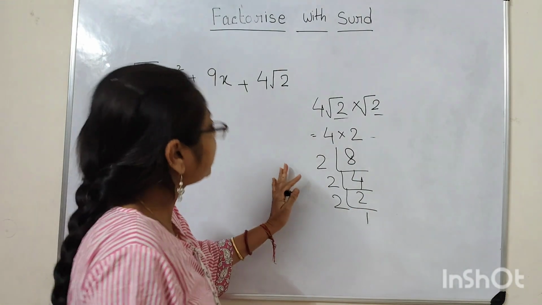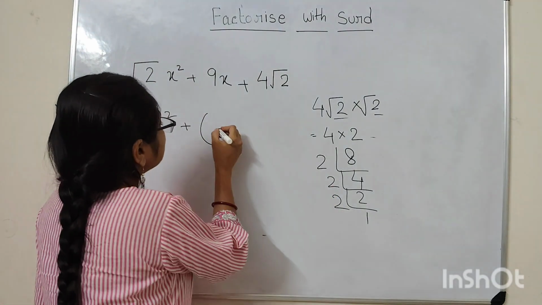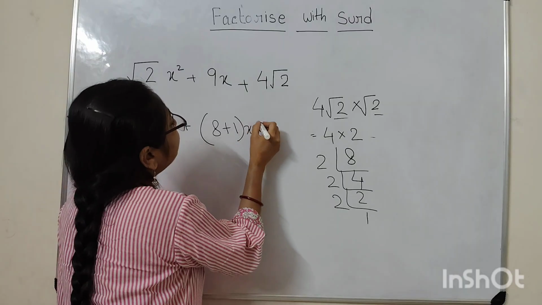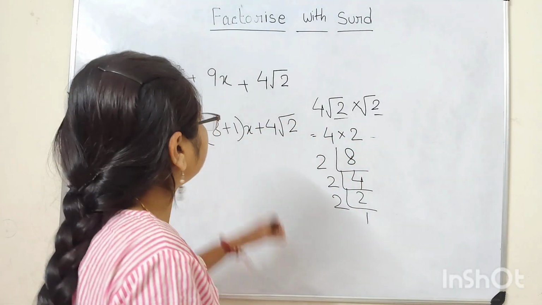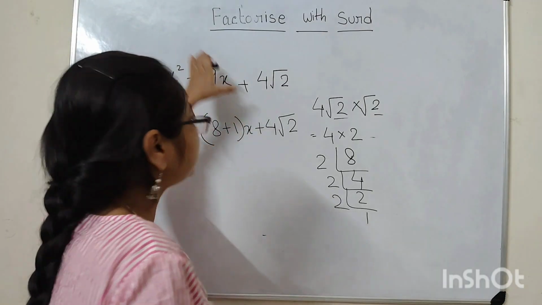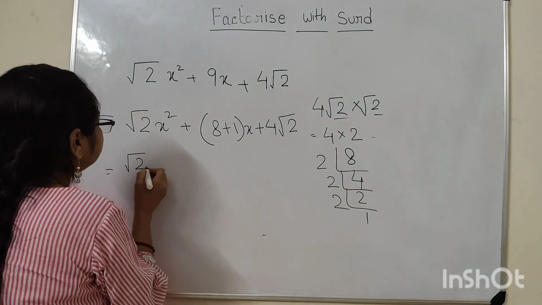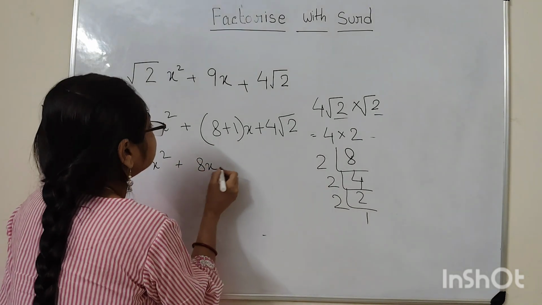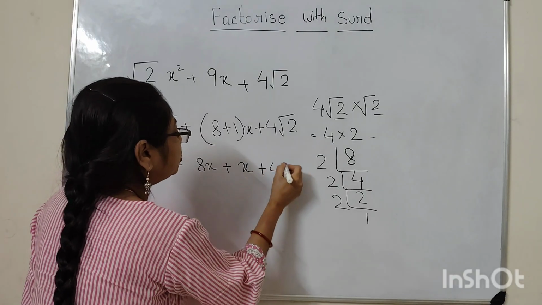I write 9 in addition format as 8 plus 1. So I write 8 plus 1, then x, then plus 4 root 2. Why? It is normal. You break down the middle part in that format. Now remove the bracket. It is 8x plus x plus 4 root 2.